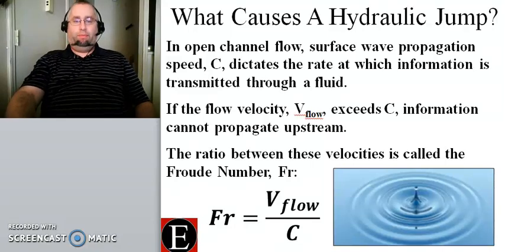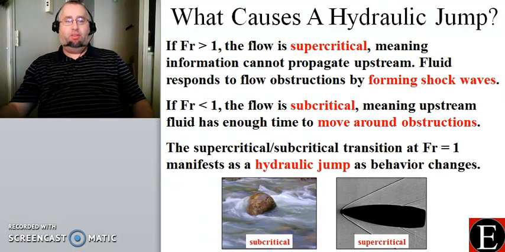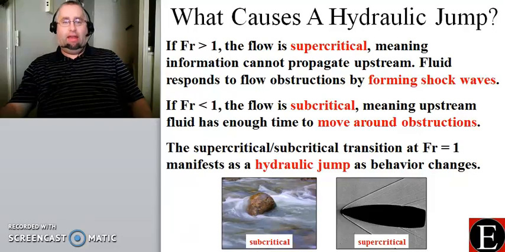So the Froude number can have essentially one of three values. It can be greater than 1, which is so-called supercritical flow, which means that the fluid is flowing faster than information can propagate along the surface of the fluid.